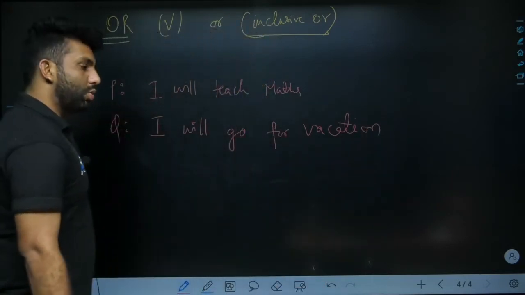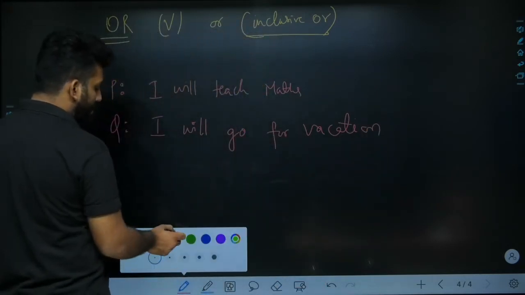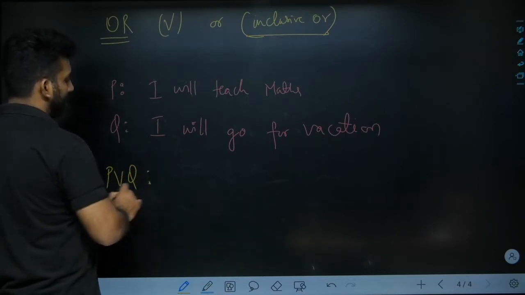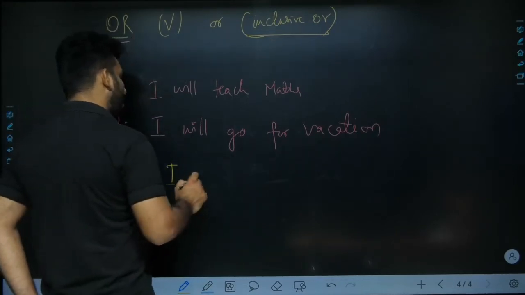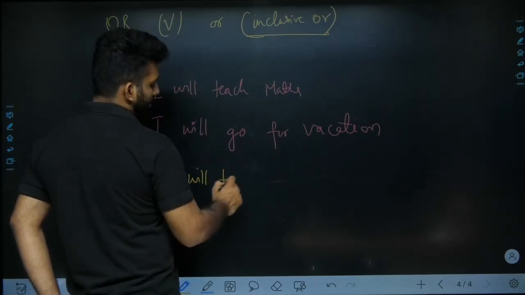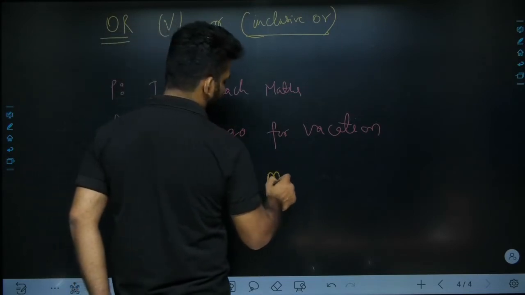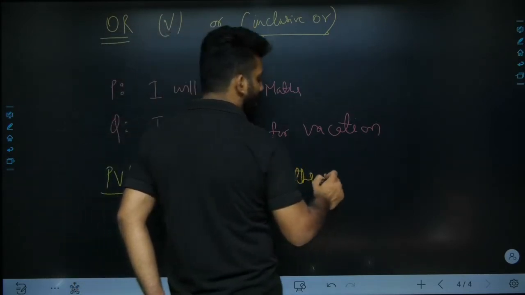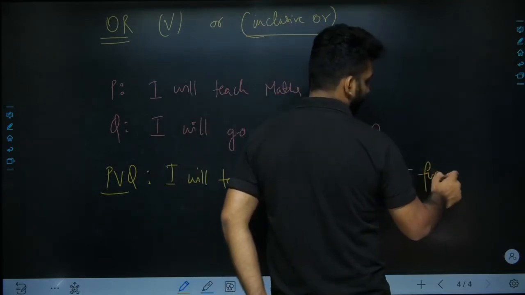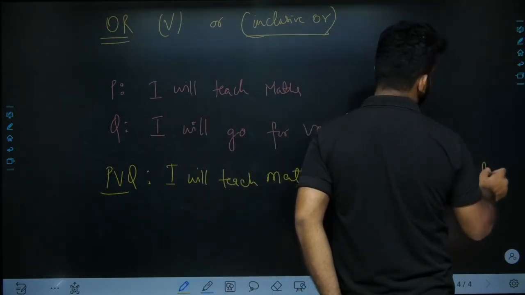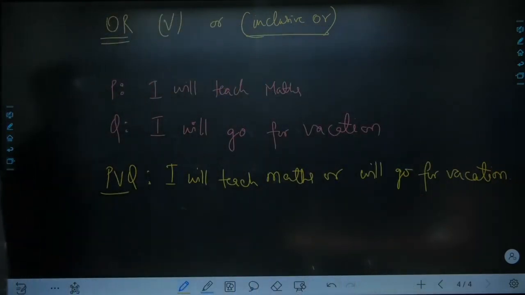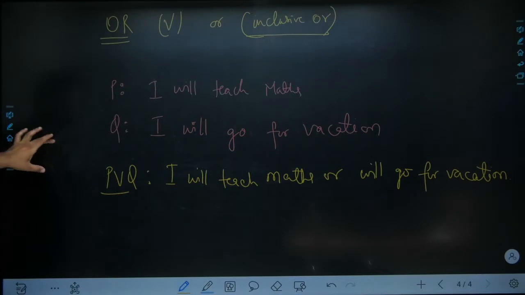Okay, so what will be my P or Q like? P or Q will be like this. I will teach maths or will go for vacation. Okay, this is it.